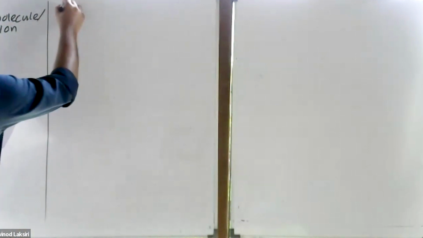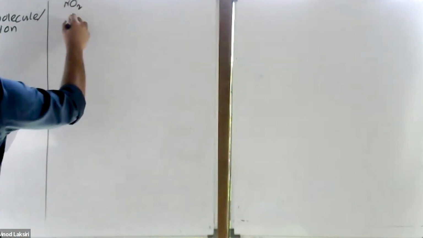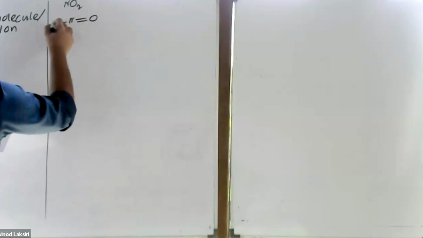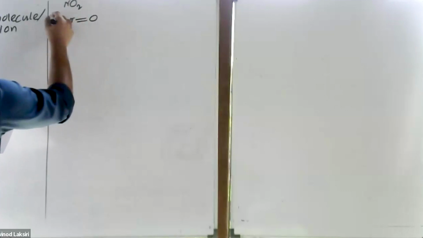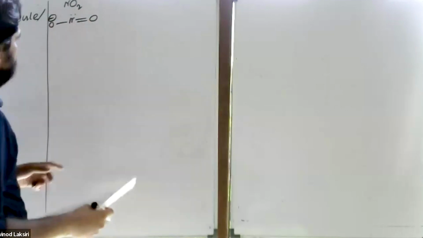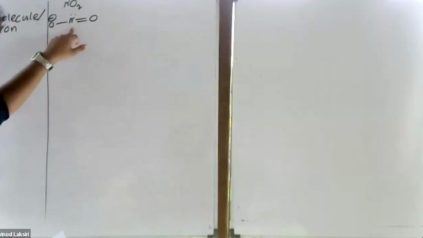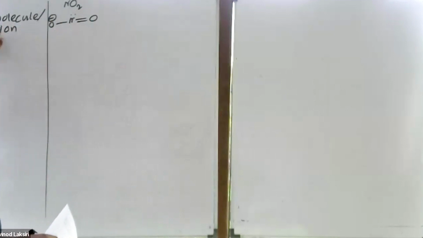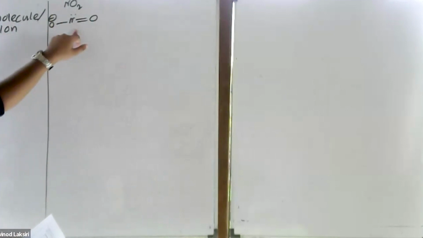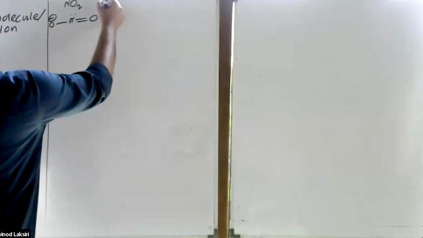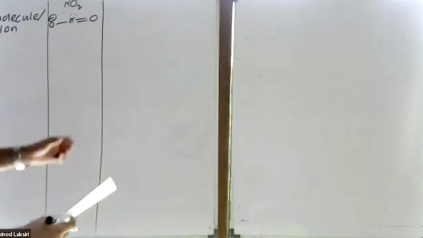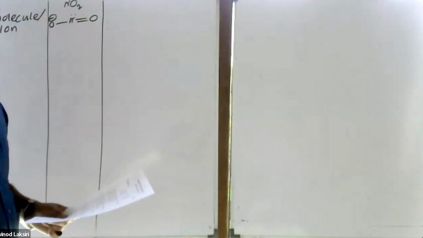Here in the question, NO2 minus. What is the structure? This is the structure. We have to consider only nitrogen, therefore I will indicate only the lone pair of nitrogen. The structure of NO2 minus is this one. The structures of these common molecules you have to remember.